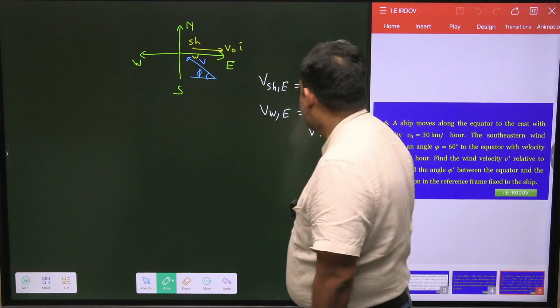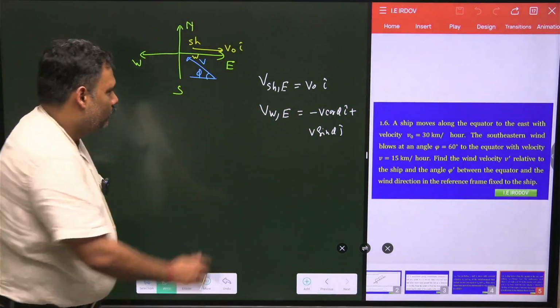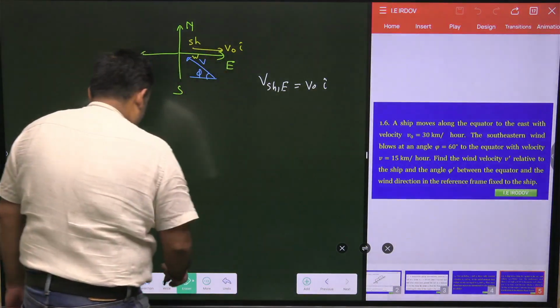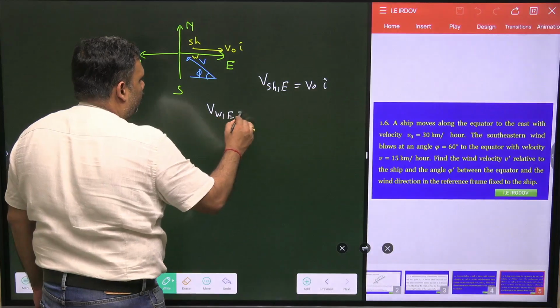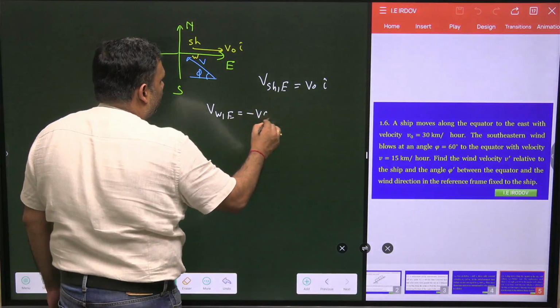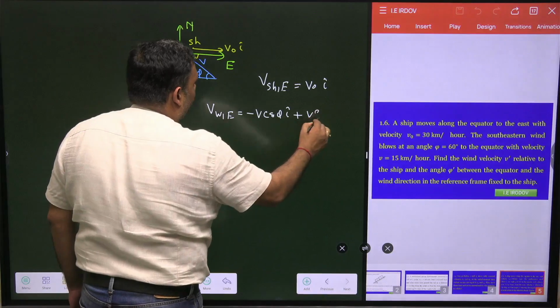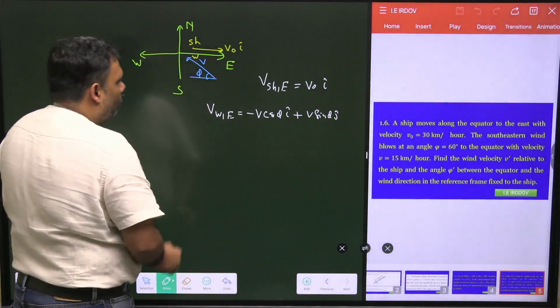So this is the whole story. I can write it separately also: the velocity of the wind with respect to Earth is minus V cos phi I cap plus V sin phi J cap. Now, what we have to do?